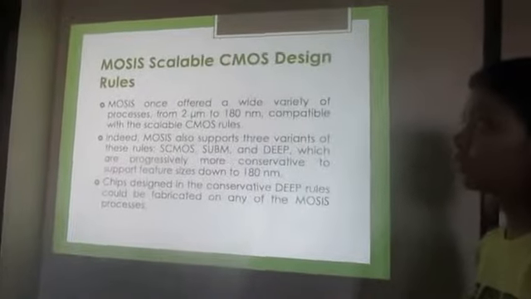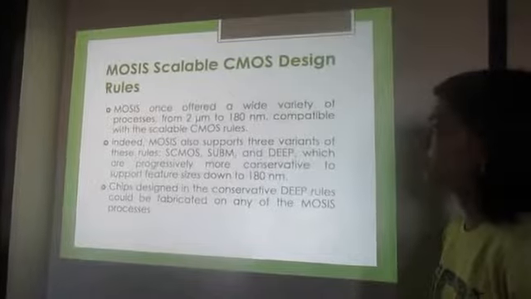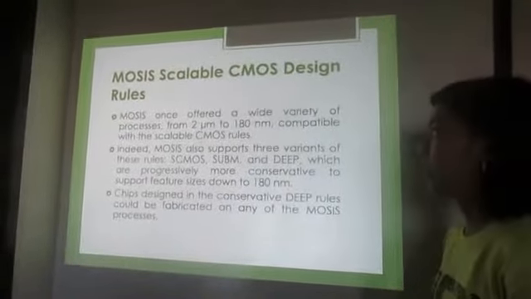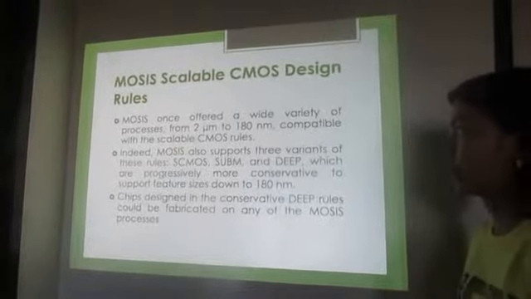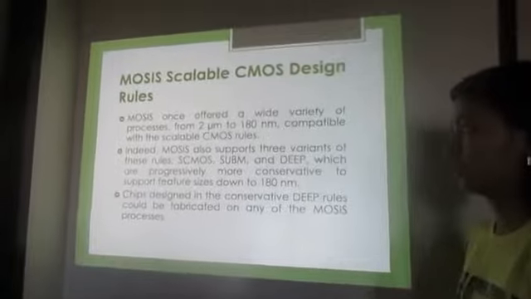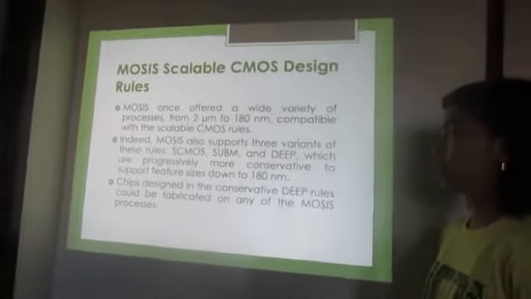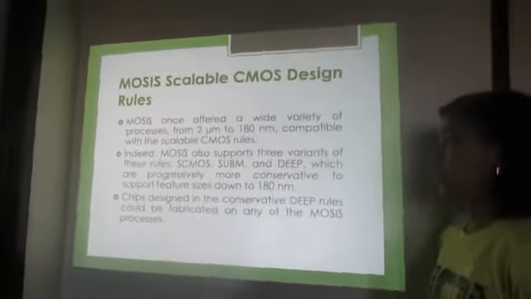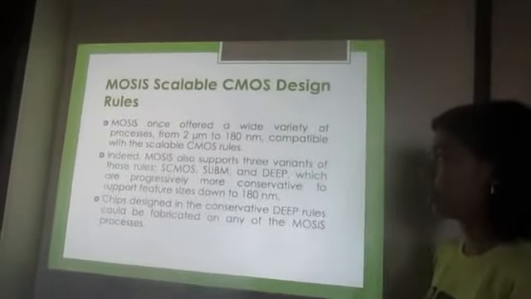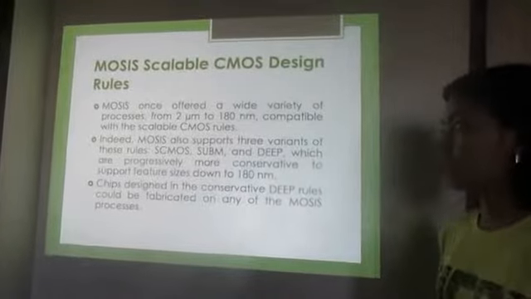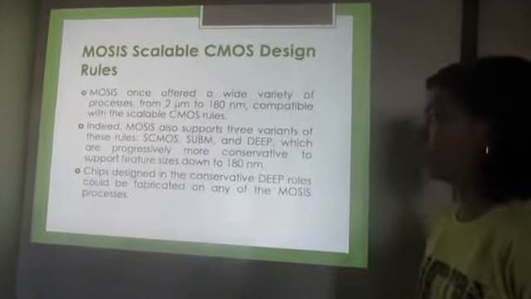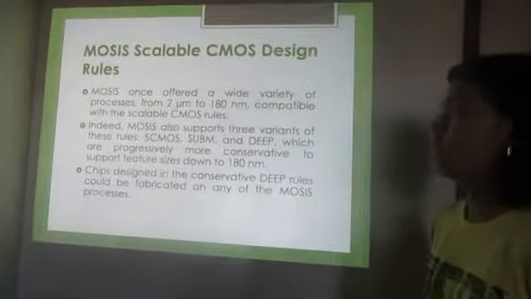Under the layout design rules is the MOSIS scalable CMOS design rules. MOSIS once offered a wide variety of processes from 2 micrometer to 180 nanometer, compatible with the scalable CMOS rules. Indeed, MOSIS also supports 3 variants of these rules: SCMOS, SUBM, and DEEP, which are progressively more conservative to support feature sizes down to 180 nanometer.